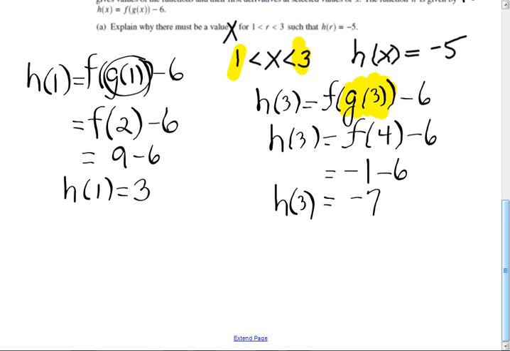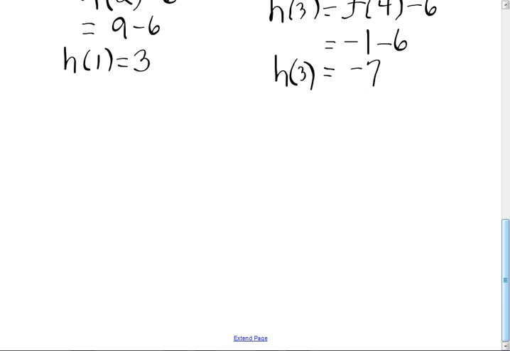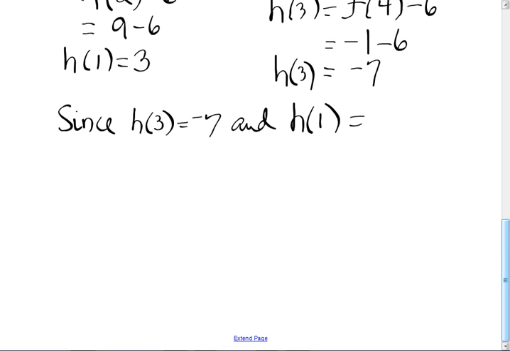I'm going to write out my response. Since h of 3 equals -7 and h of 1 is equal to 3, by the intermediate value theorem, and I would say h is continuous.